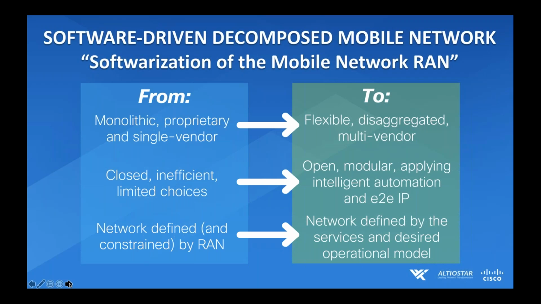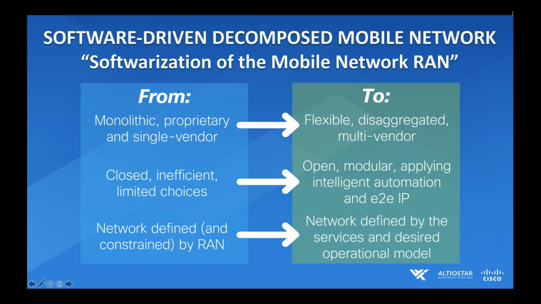As summarized on our simple slide here, we've had a very proprietary hardware appliance-driven approach to the mobile access network. And now that's changing to a flexible, disaggregated and multi-vendor approach, an architecture where it's the software-defined nature of every application that now governs and controls how it behaves.